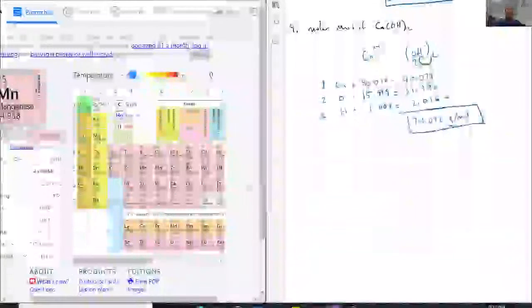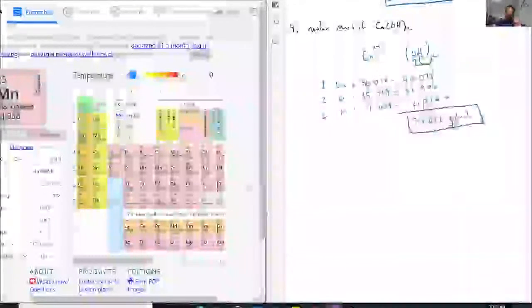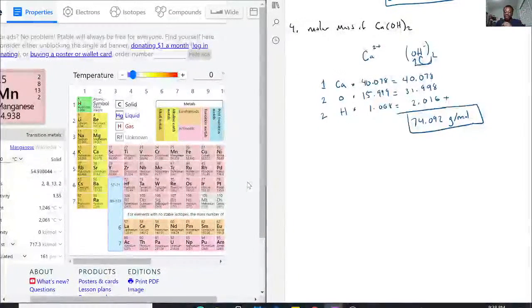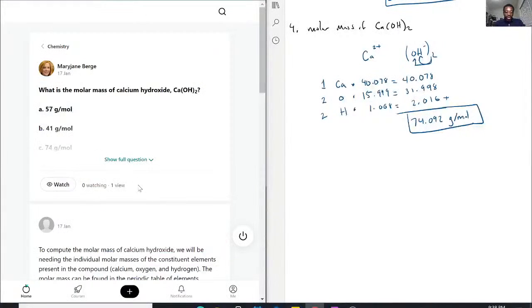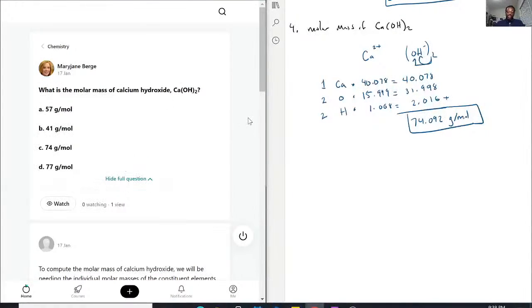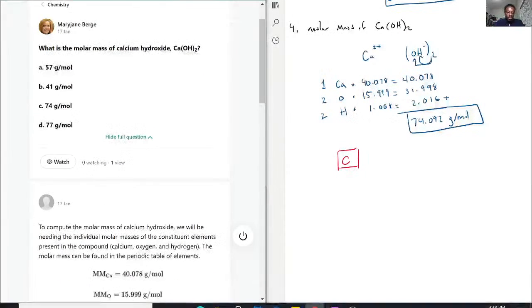Because it's pretty much saying that for every mole of calcium hydroxide, we have the grams for each of its constituents, the calcium, the oxygens, and the hydrogens. So let's see here. Based on this, which is the best choice? I would say our answer is C, because that's the closest thing to 74.